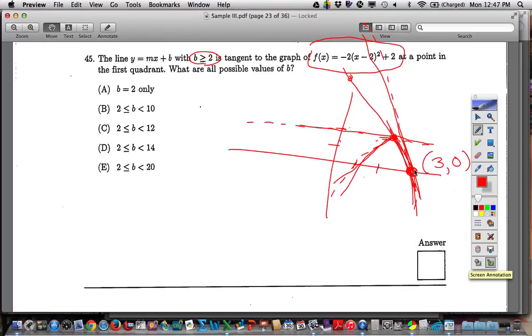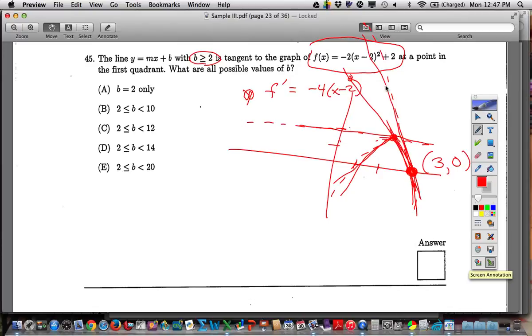Mostly this is about the verbiage and what it's asking, right? That's the hard part of this one. So the tangent line here is going to cross at 2, so that's a y-intercept of 2. And then all of these are going to cross up higher until finally you get to the last one in the first quadrant. And where's its y-intercept going to be? So the slope, so we do the derivative. Yeah, so the derivative, we bring the 2 down in front, which would be -4, leave the x minus 2 alone.